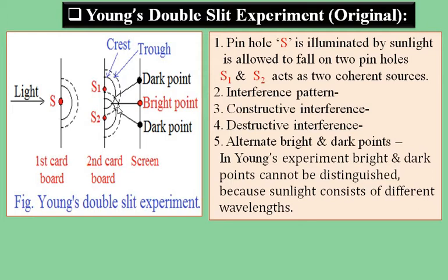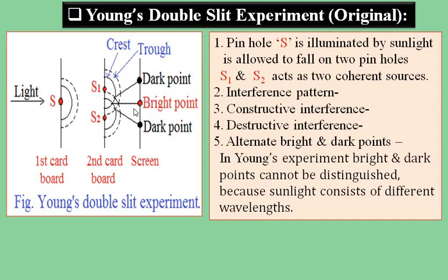Here crests are shown by the continuous line and troughs by the dotted line. We get the maximum amplitude, and due to this the maximum intensity, which gives the bright point observed on the screen.